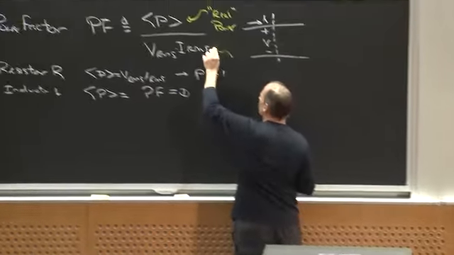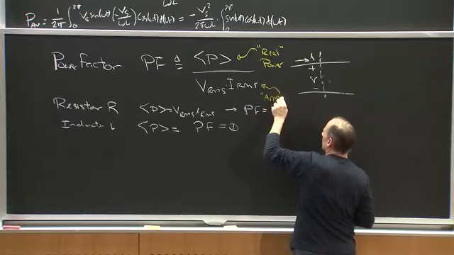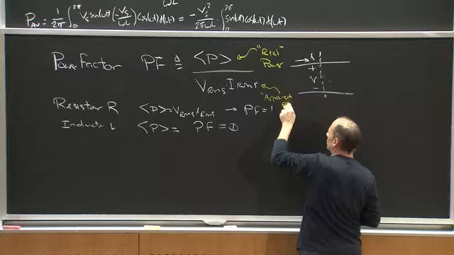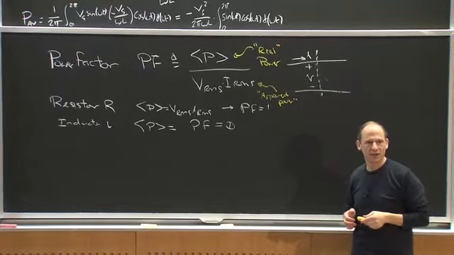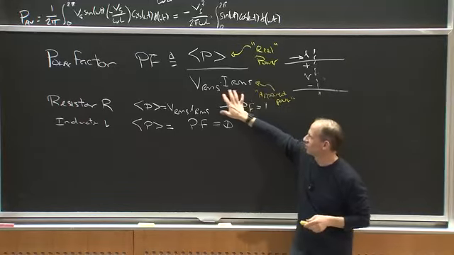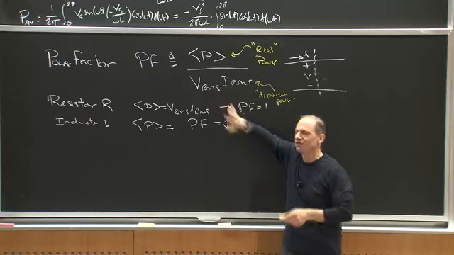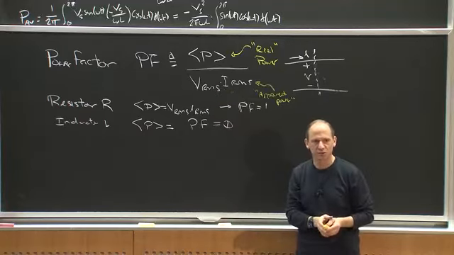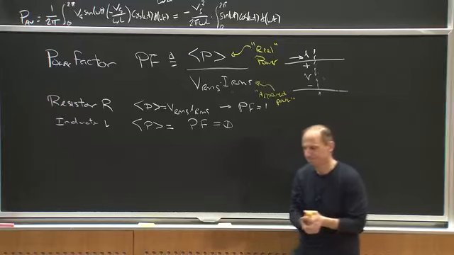VRMS times IRMS is what's known as apparent power, which is greater than or equal to the real power. This is just saying what effective power I would be drawing considering that I have that much current and that much voltage, if it was going into a resistive load.